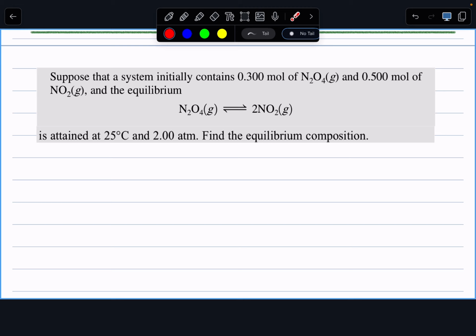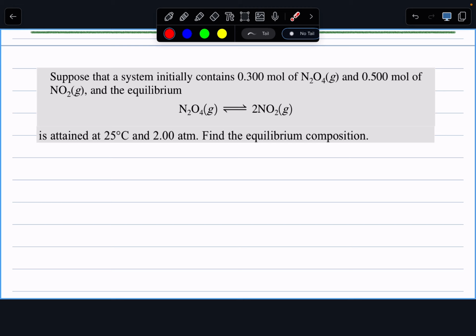All right. What about the third one? Remember in that list, in the third step you want to express the equilibrium number of moles of your species, right? So we're looking at the number of moles of my N2O4 at equilibrium equals to the number of moles of N2O4 initial.